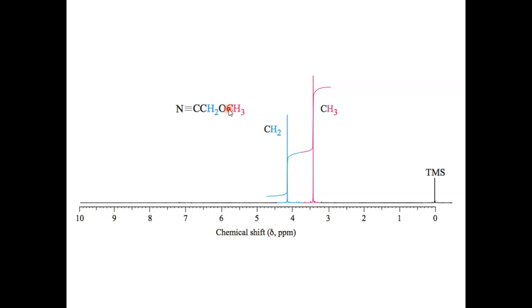In this particular case, you only consider the inductive effect, where oxygen is the electron withdrawing group. So these 3 red protons are under direct influence of the electron withdrawing oxygen atom. And the blue protons are not only under direct influence of the electron withdrawing oxygen atom, but also under direct influence of the CN triple bond, which is also an electron withdrawing group. That's why the blue protons have a substantially higher chemical shift value, 4 point something, compared to the red protons.